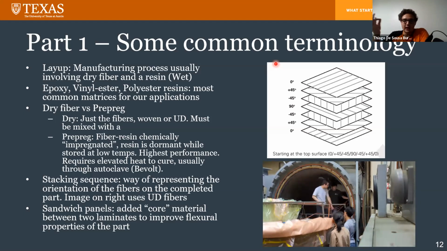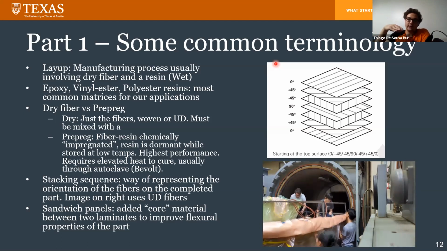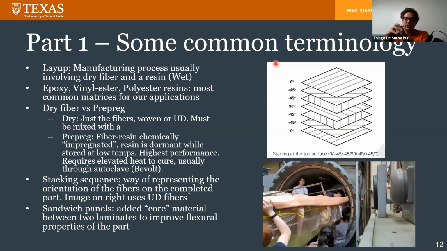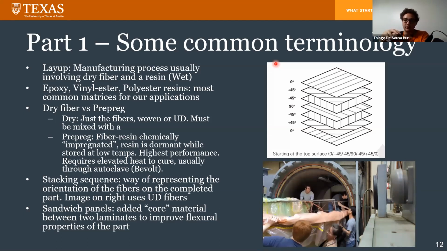Funnily enough, a dry layup is when we actually use pre-impregnated fibers. And pre-impregnated fibers are basically fibers that have resin already chemically infused in them. So it's a great way of controlling how much resin you're putting per fiber, because that will affect your mechanical properties.